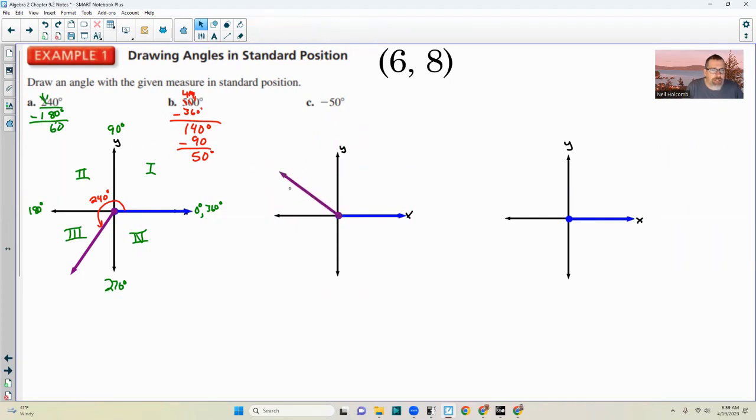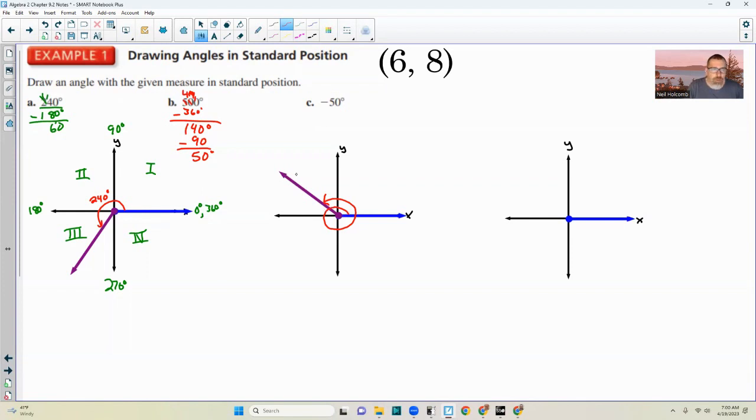Okay, so that's where the terminal end would be, but I have to show that as rotating around more than once. So what you do is you coil. So here is one full rotation, and we continue around until here. Okay, and that's how you show it. So this would be 90, 180, 270, 360, plus 90 is 450, plus another 50 is 500 degrees.